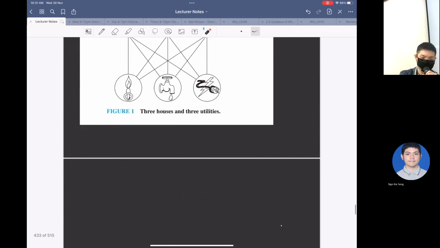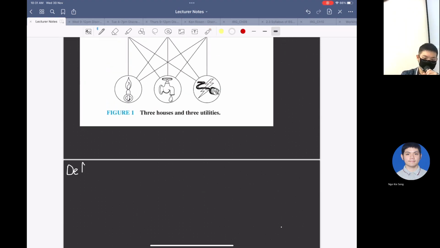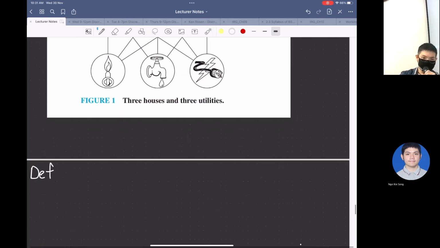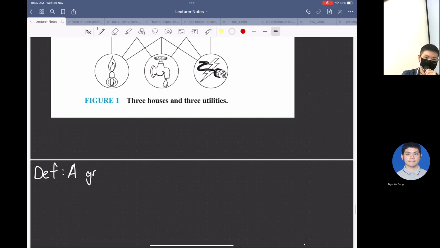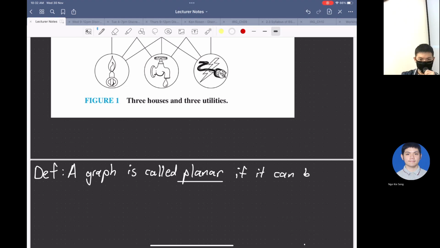So what's the definition of planar graph? A graph is called planar if it can be drawn in the plane without any edges crossing.